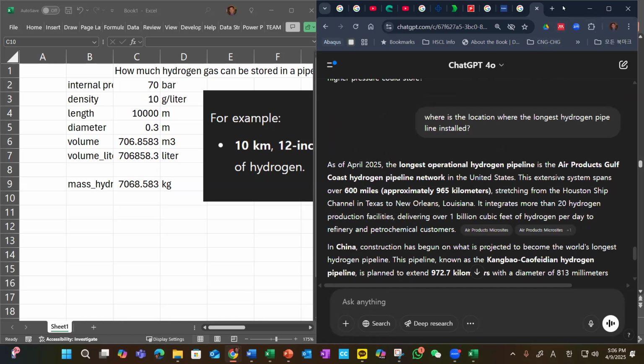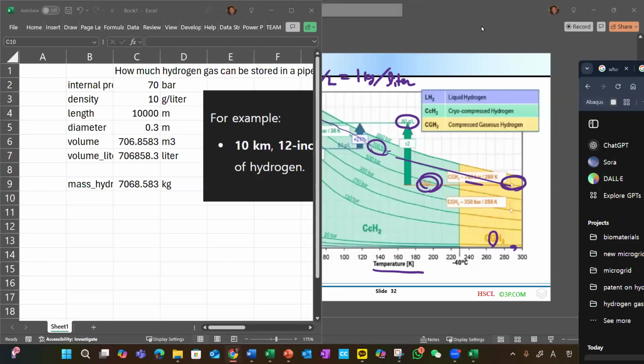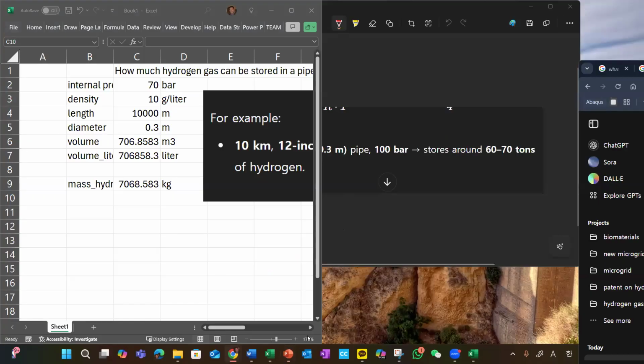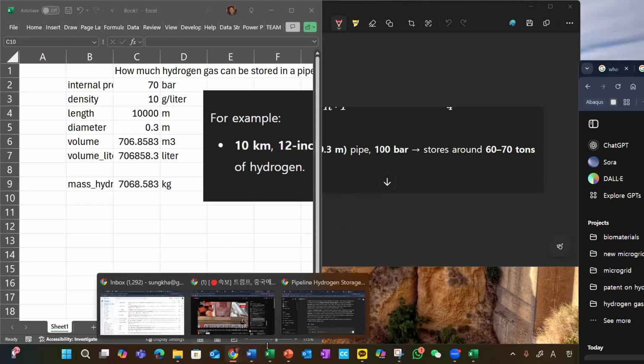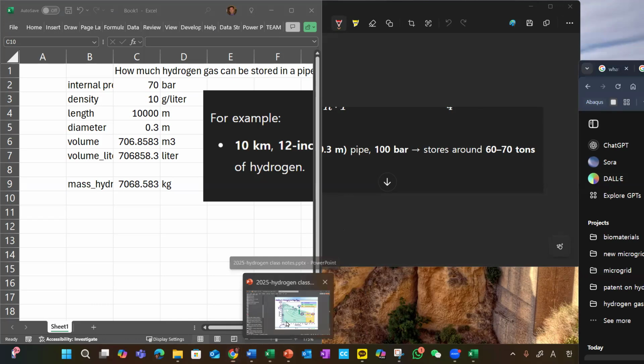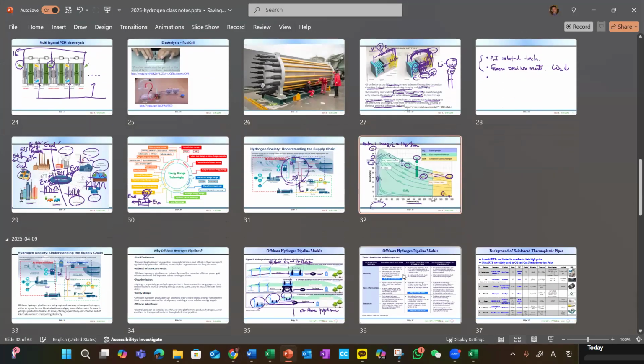And again, I like to really emphasize how can we prepare for this new industry, new business. So we should be able to better understand this pipeline system, not only for the distribution, but also as a storage tank as well.